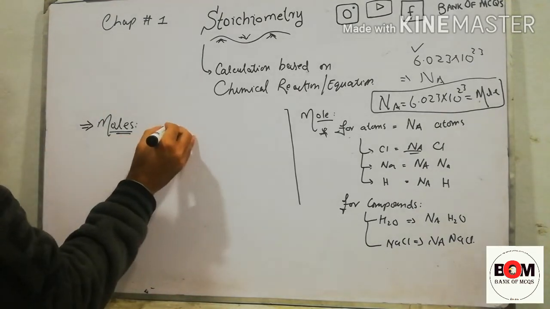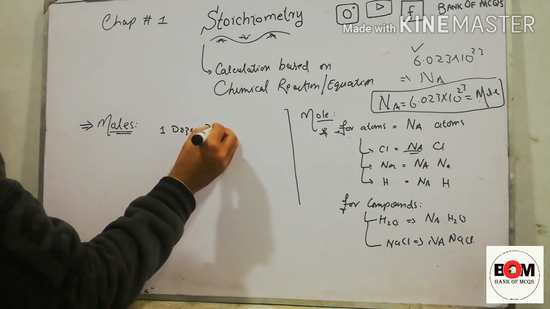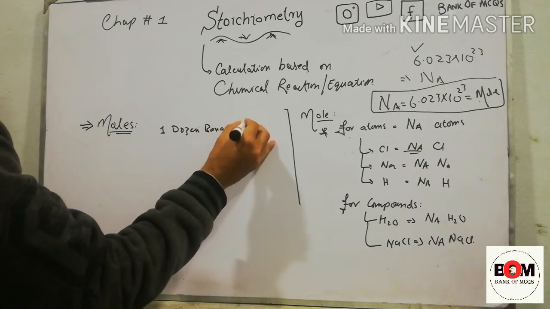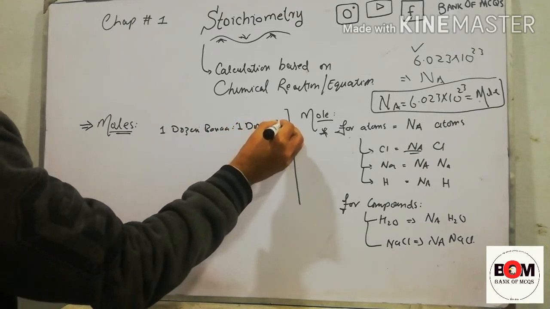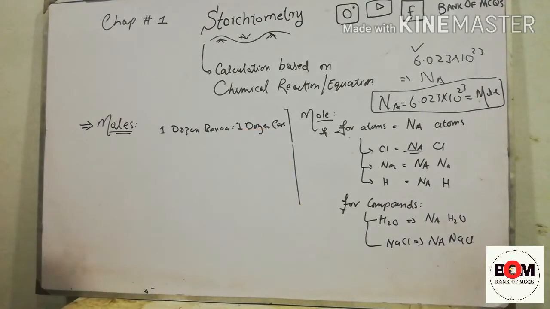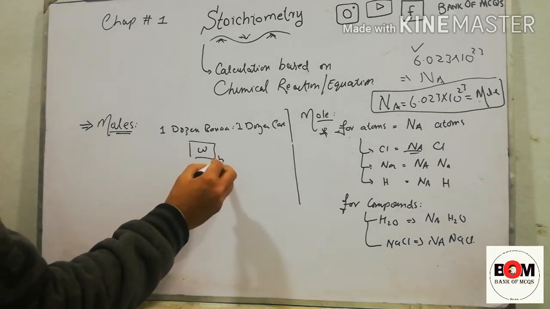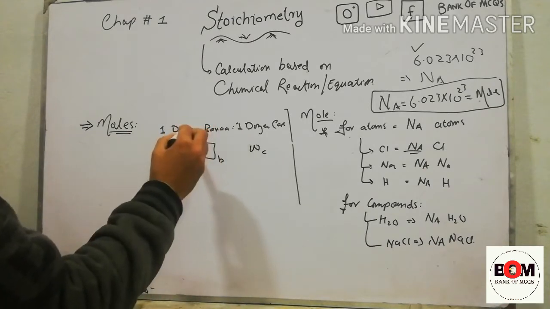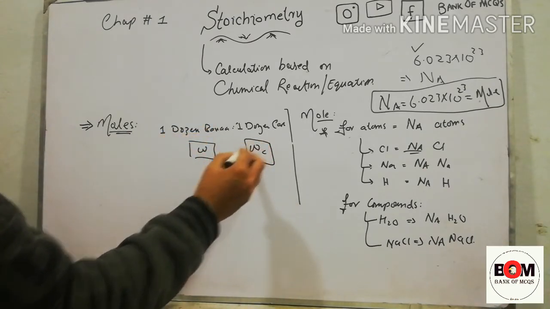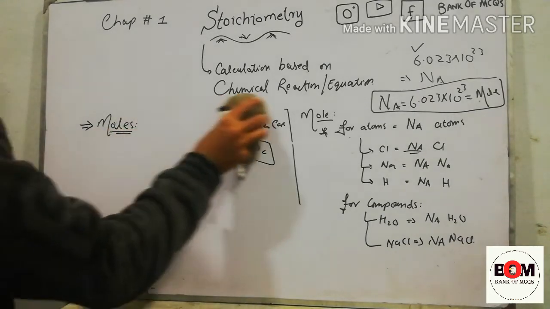If somebody has 1 dozen bananas and another person has 1 dozen cars, conceptually we know that the weight of 1 dozen cars will be much greater than the weight of 1 dozen bananas.